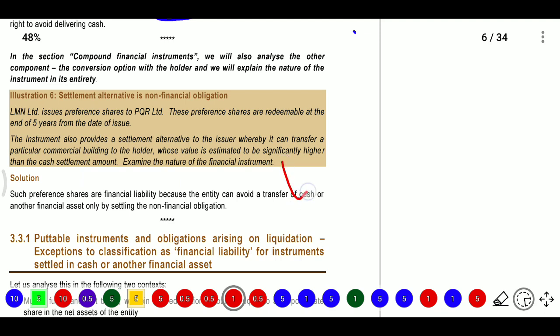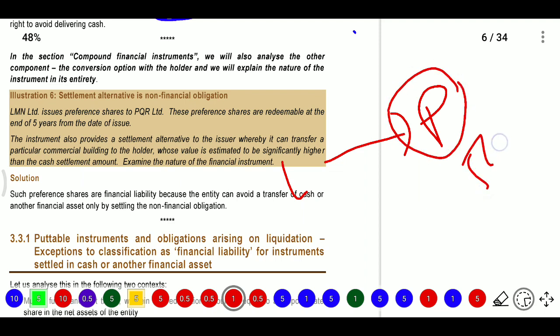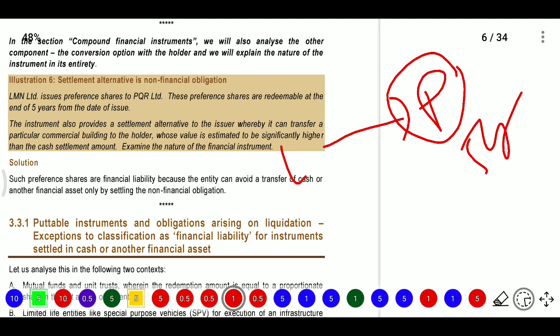Here LM and company issues some preference shares. The preference shares are redeemable at the end of the 5th year, so they provided a 5 year term from the date of issue. The instruments also provide a settlement alternative to the issuer whereby it can transfer a particular commercial building to the holder, whose value is estimated to be significantly higher than the cash settlement.